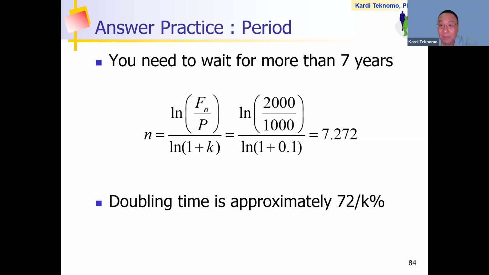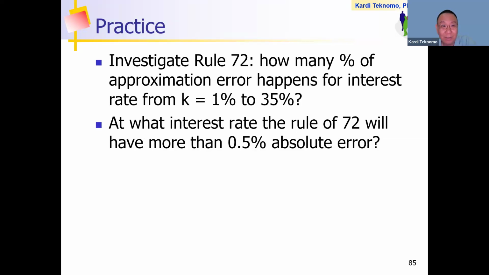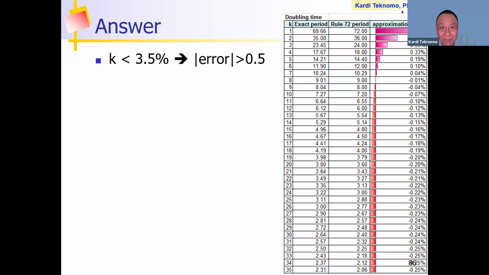In this next practice, I'm trying to investigate when Rule 72 has a big error. So in that case, we put the interest rate from 1 to 35% and compute the doubling time. At what interest rate will Rule 72 have more than 0.5% absolute error? We put that into Excel.